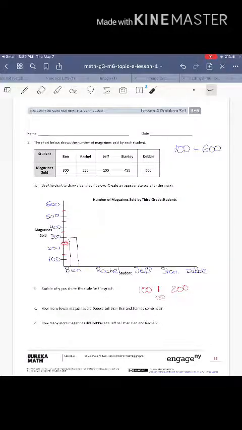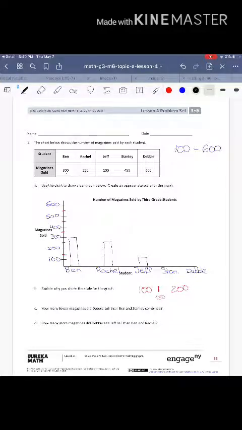But remember the halfway? We have 250 like around here. So we have to make it a little lower than Ben. So we're going to do 250 probably right here, okay? And then we have Jeff. Jeff sold only 100. So it will be like this because it's very low, right?